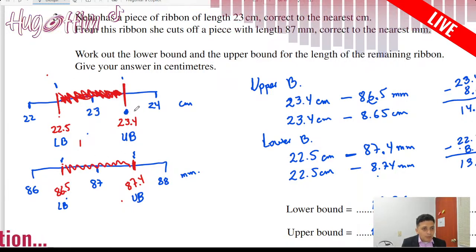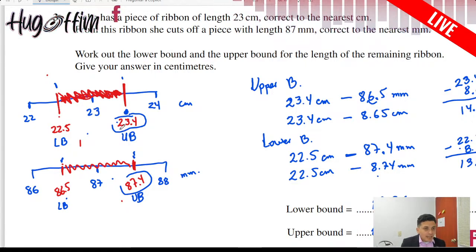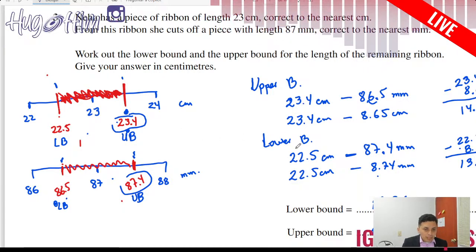So if you take, for example, 23.4 minus 87.4, then 23.4 minus 87.3, minus 86.5, the highest number you're going to get is the upper bound of the first minus the lower bound of the number you're subtracting. The same thing with the lower bound. If you take the subtraction of all the possible numbers, let's say that you take 23 minus 87, 23 minus 86.5.